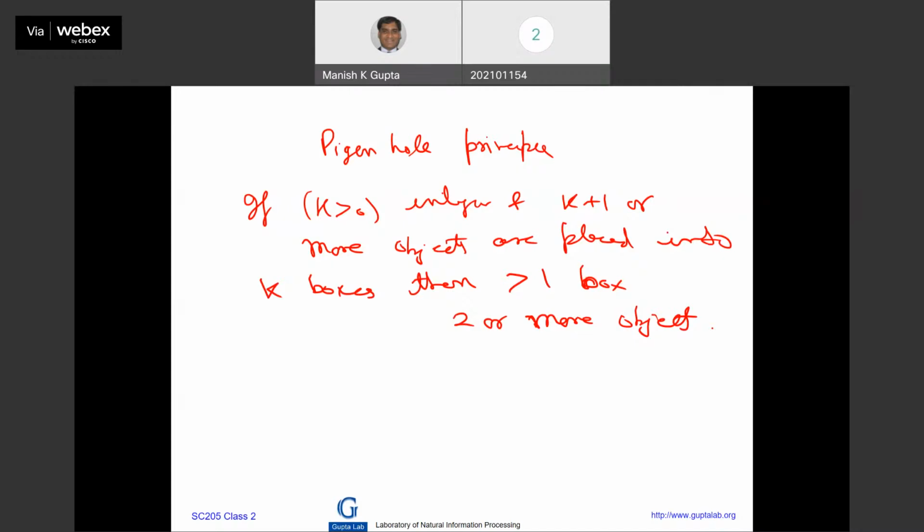If there are k plus 1 pigeons and k boxes, one box will have 2 or more pigeons. That's a very simple pigeonhole principle.